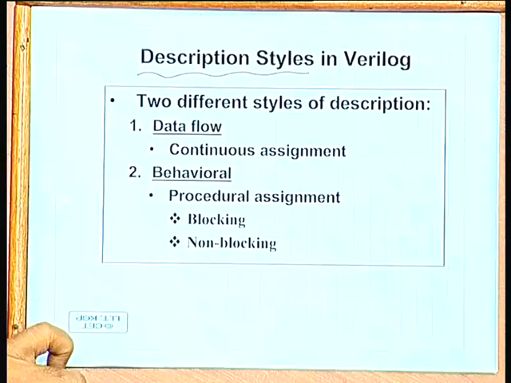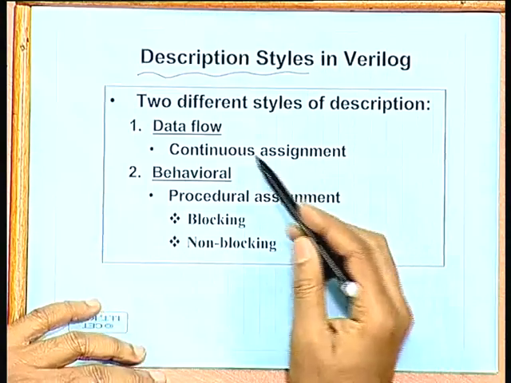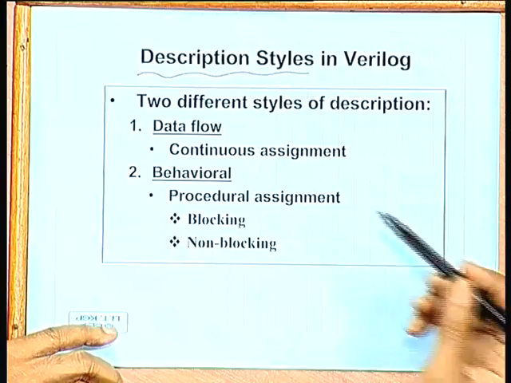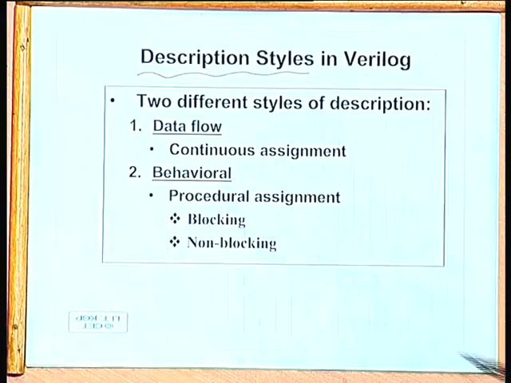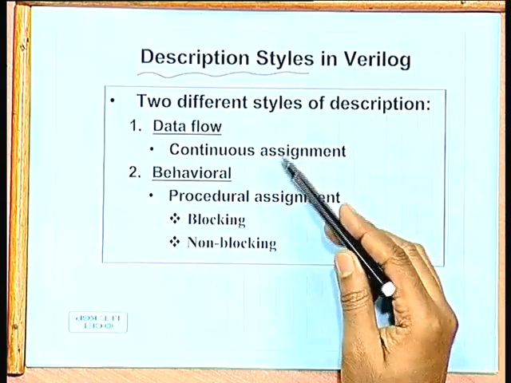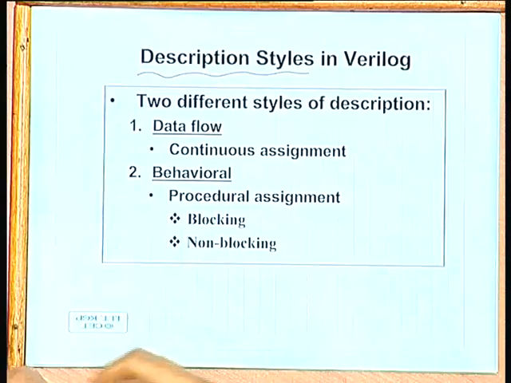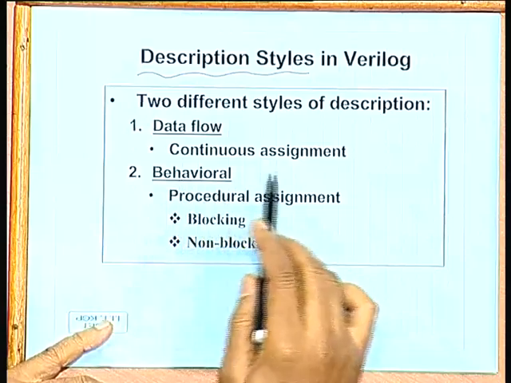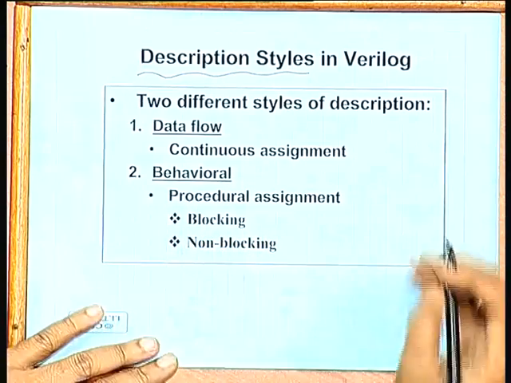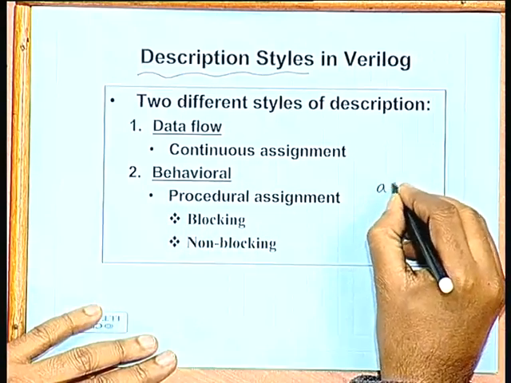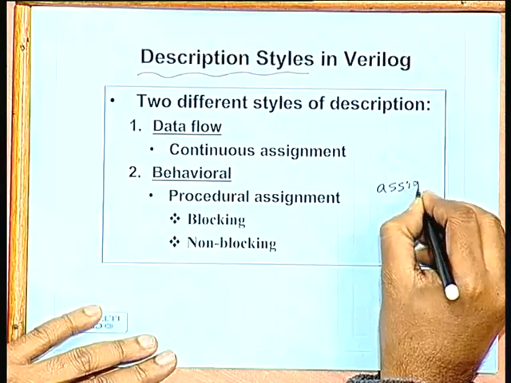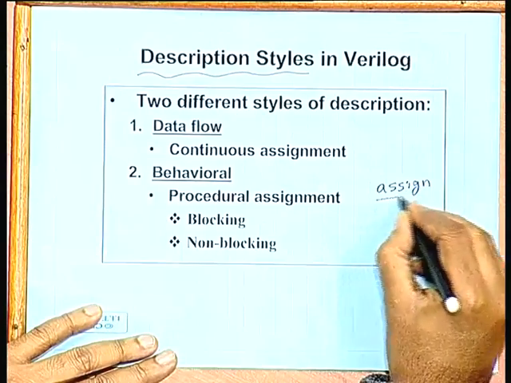So, broadly speaking, there are two styles of description. One is the data flow description, the other is the so called behavioral level description. The main difference between these two is that in the data flow description we talk about continuous assignment, like you recall the assign statement that we had looked at in the examples we had given earlier.